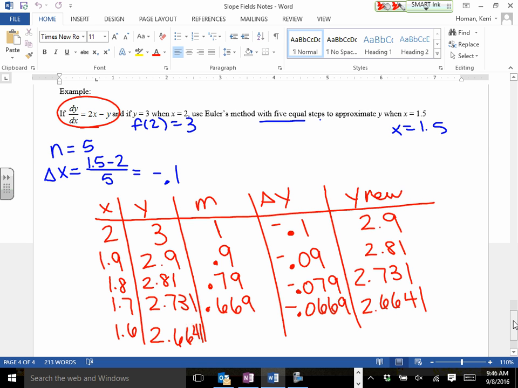What's our new slope? 0.5359. Thank you. Which means when we take slope times delta x, we have negative 0.05359. Add that to our old y, so our new y is 2.61051.